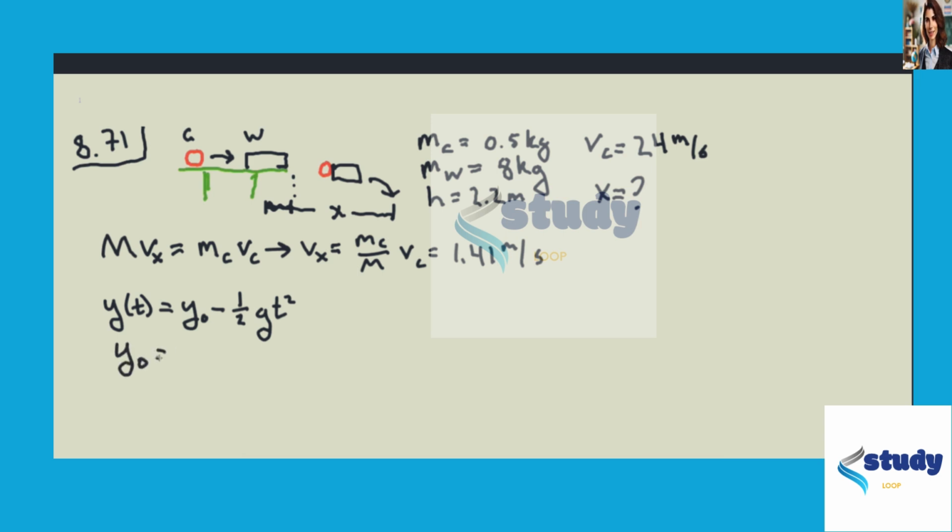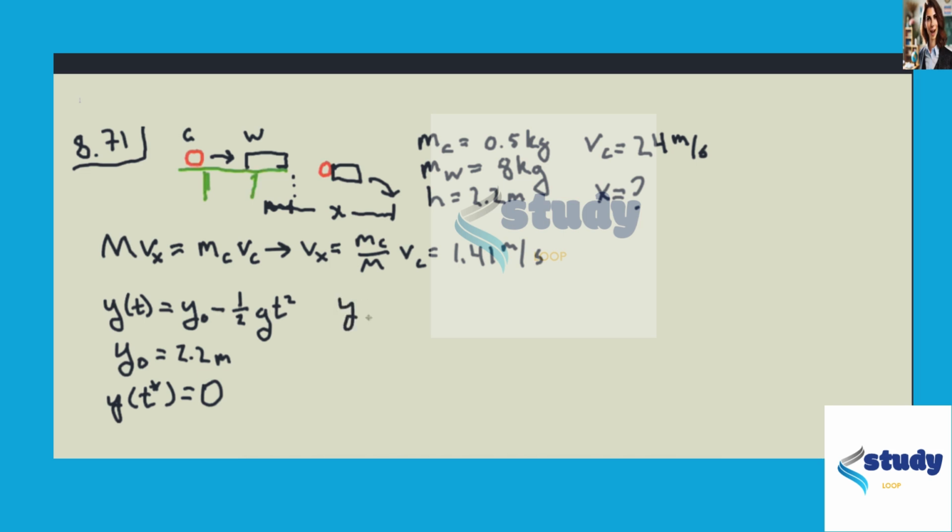So y naught is equal to 2.2 meters. y of t star, let's call it, just to differentiate it from the variable time, is equal to 0. So when this is equal to 0, we'll be at t star.